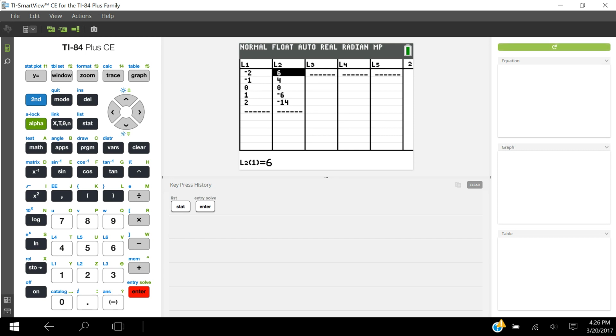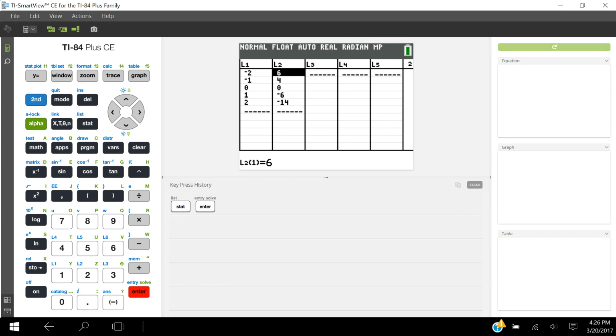But since I already have in these points, and I have no idea if they're supposed to be linear or quadratic, I'm going to do both equations. I'm going to find a line of best fit and a parabola of best fit, or a quadratic of best fit, and I'm going to show you the difference, and that sometimes it's hard to tell.